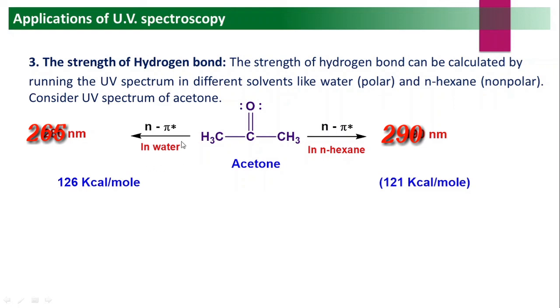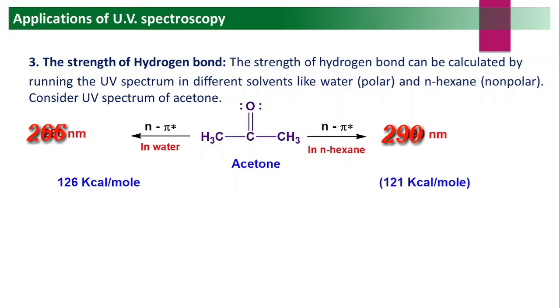Due to hydrogen bonding, the water solvent forms a hydrogen bond with this lone pair of the oxygen. Water hydrogens form a hydrogen bond with this oxygen, and because of that, the n to pi star transitions become more energetic, and so it absorbs at a shorter wavelength.